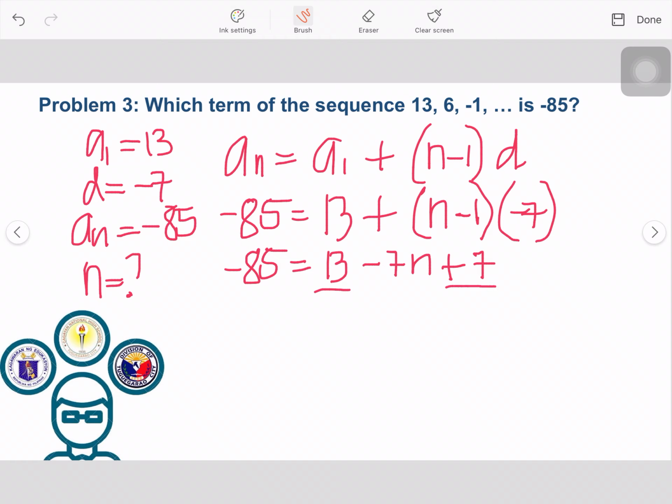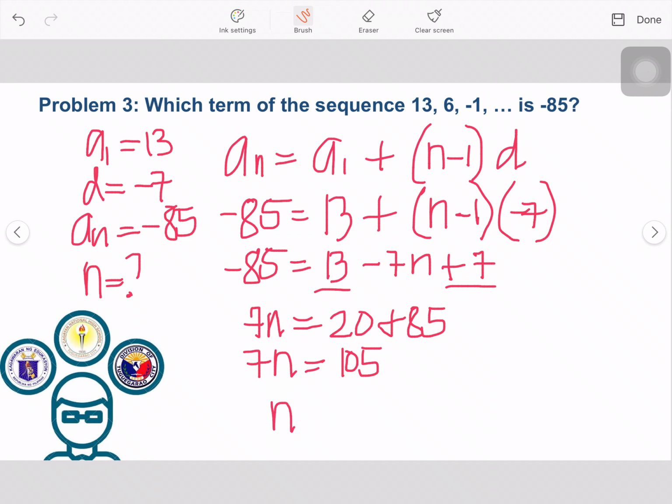Let's transfer 20 to the other side, and 85 to the other side. That gives us 7n is equal to 20 plus 85. So 7n now is equal to 105. Hence n is equal to 15.